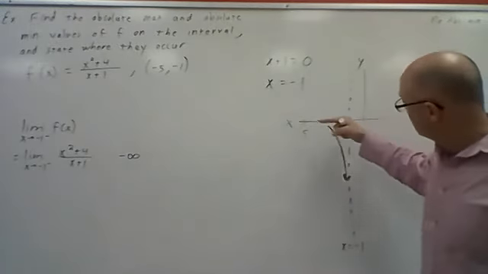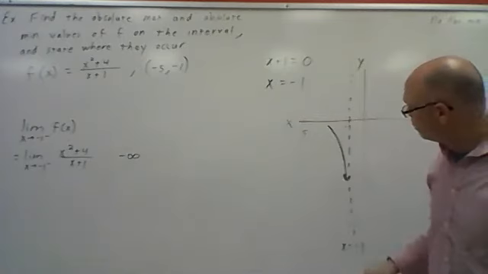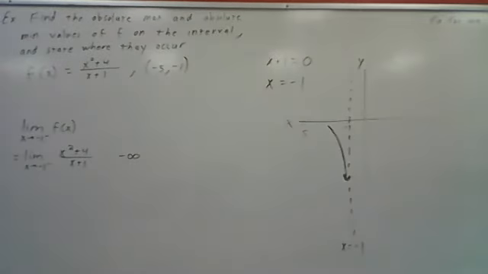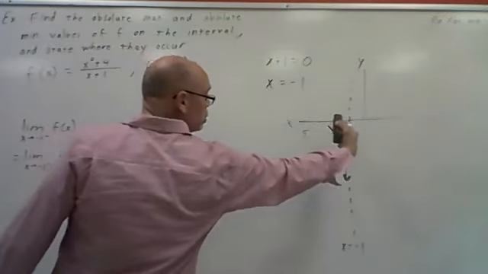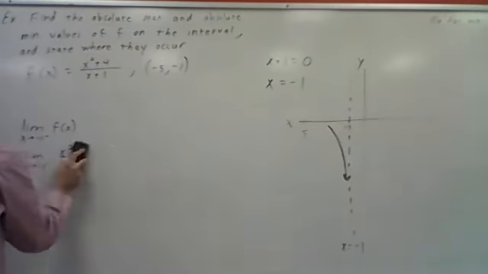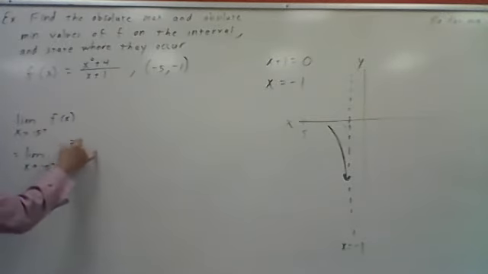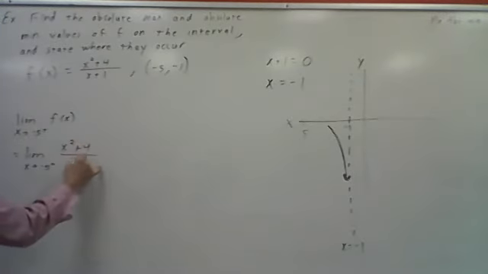Let's see what happens on the other side as I approach -5. Which way am I approaching -5 from? The right-hand side. So let's take the limit as x approaches -5 from the right of f of x, which is the limit as x approaches -5 from the right of (x squared plus 4) over (x plus 1).